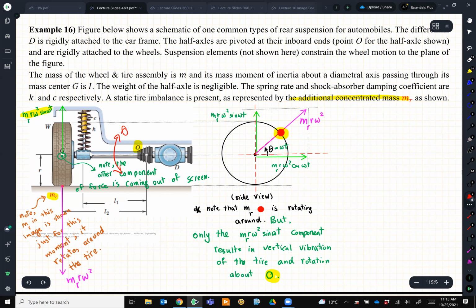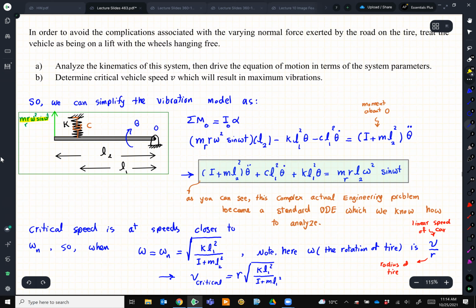This is my chassis. I have a k and c. I have a force, which is m r omega squared sine omega t. This sine omega t takes care of the up and down force, right? Because sometimes it's positive, sometimes it's negative. Where this omega t came from is similar to what we had in the past, because we assume it's going with a constant speed, theta is equal to omega t.